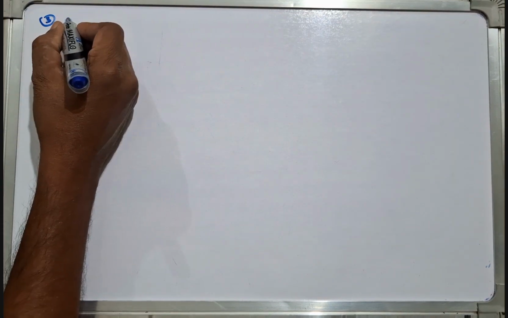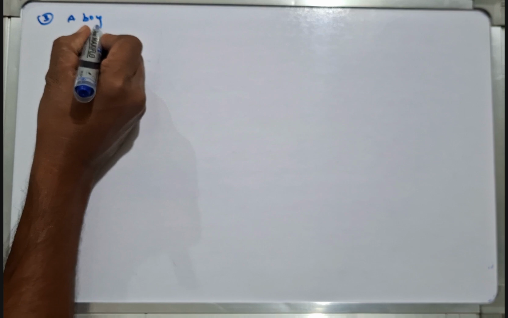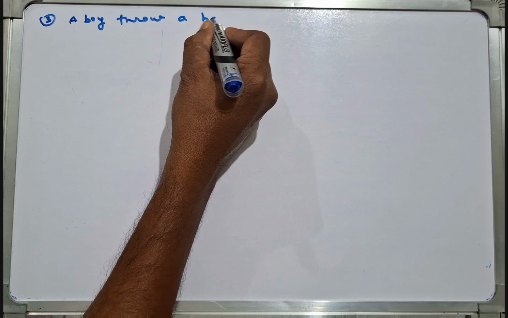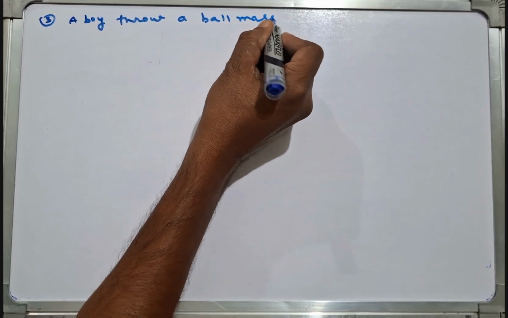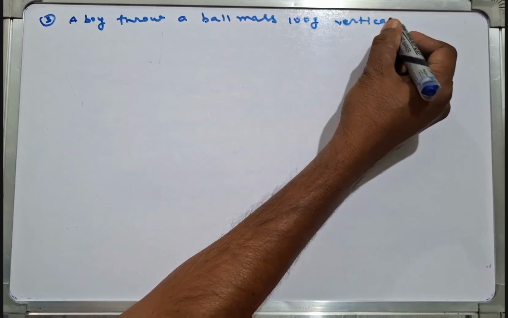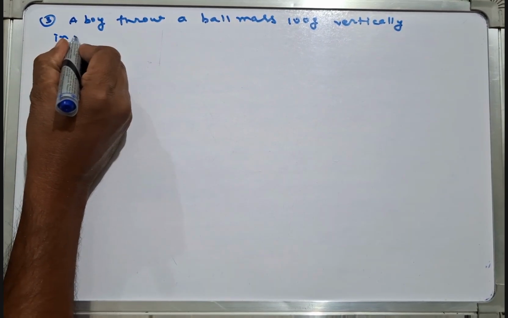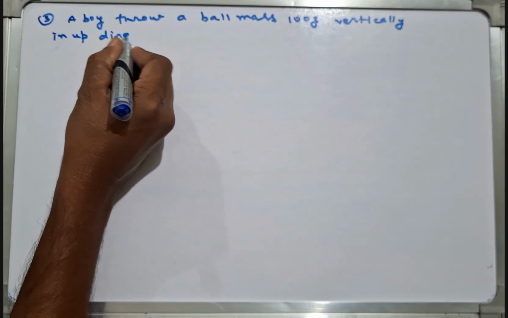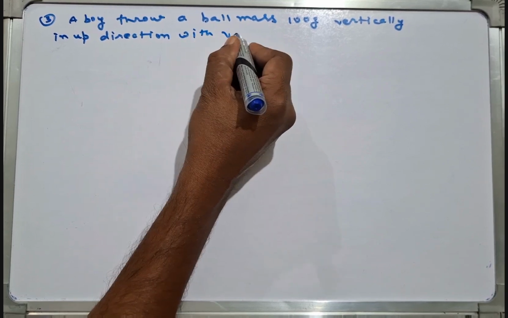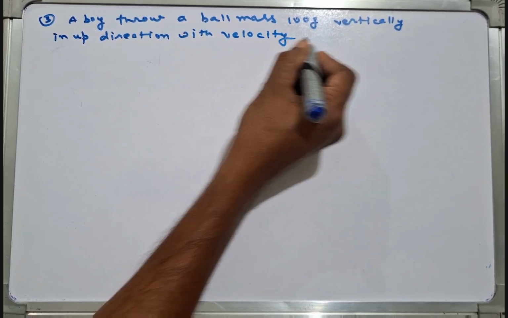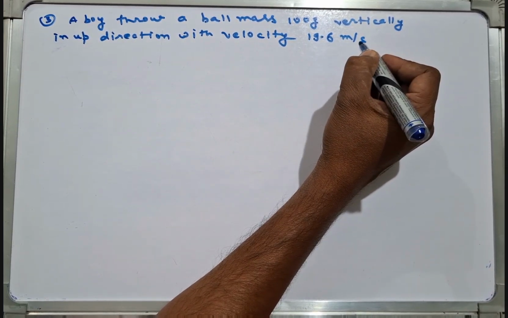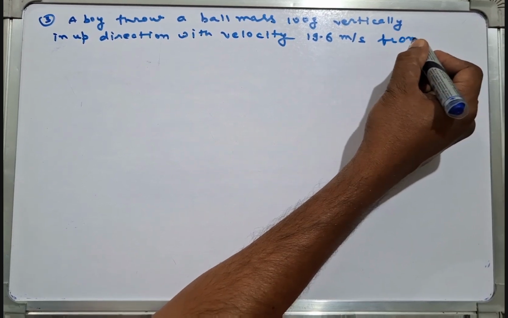A boy throws a ball of mass 100 gram vertically in the up direction with velocity 19.6 meter per second from ground.